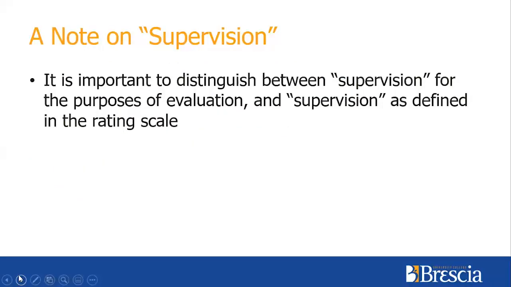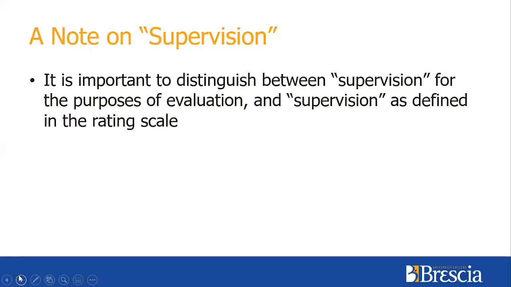A note on supervision. It is important to distinguish between supervision for the purpose of evaluation and supervision as defined in the rating scale. If a preceptor observes a student performing an activity and does not need to intervene, guide, or direct the student, then the student can be deemed to have completed the objective competently, or a C rating.